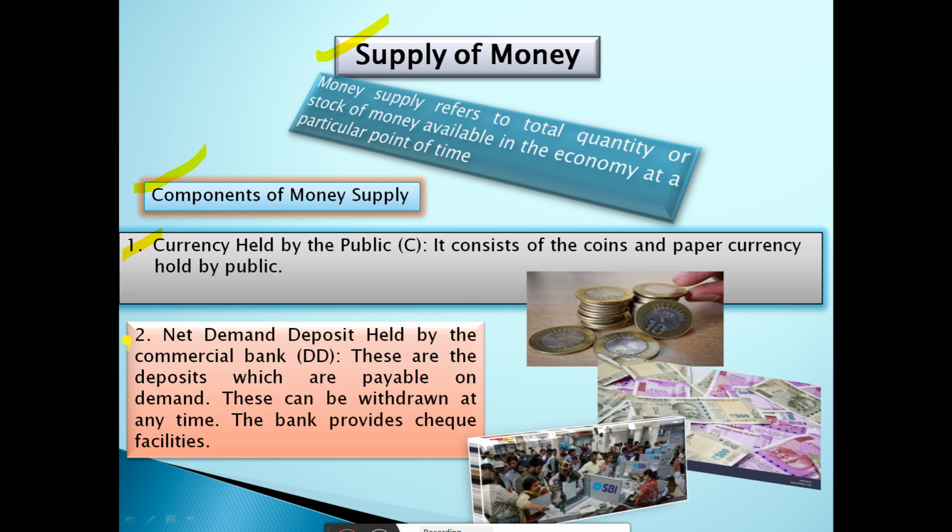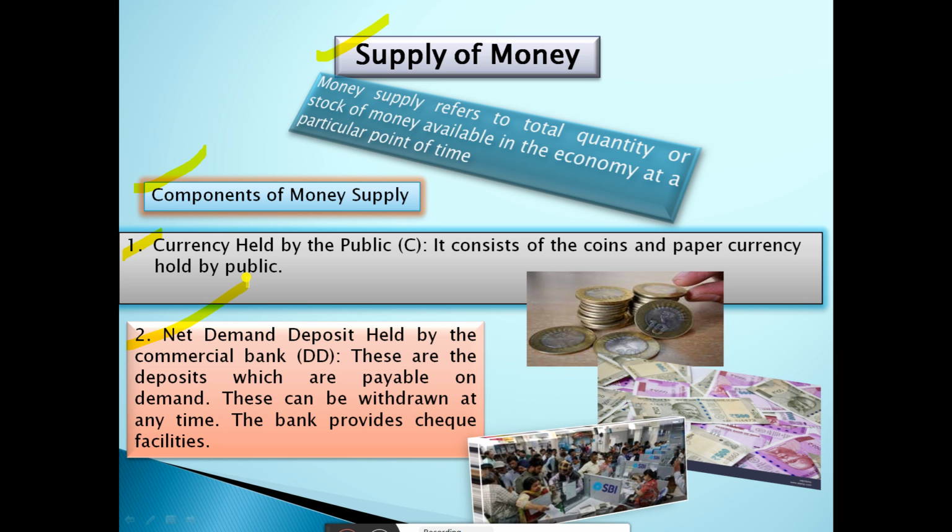One is currency held by the public, which consists of the coins and paper currency held by the public. And the second component is net demand deposits held by the commercial banks. These are deposits which are payable on demand and can be withdrawn at any time.